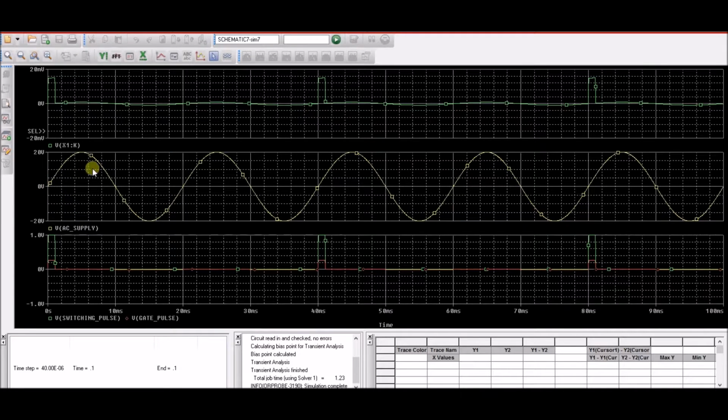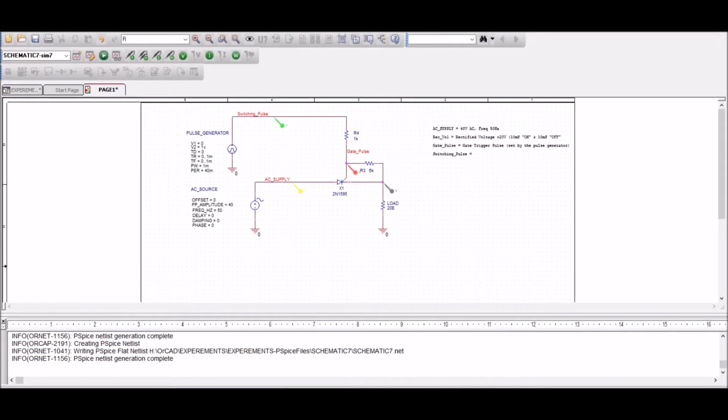So this is the input supply that we are giving, and here you can see the switching pulse. The switching pulse is basically only a positive pulse. We are not generating a sine wave, we are generating just a positive pulse. Here the amplitude is 1 volt, and the time delay is 0.